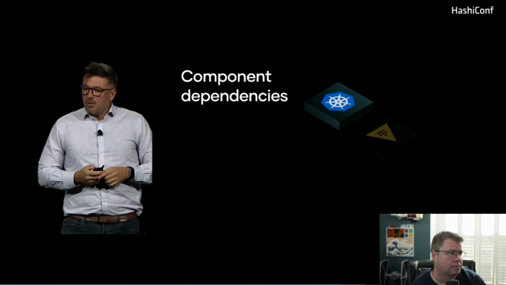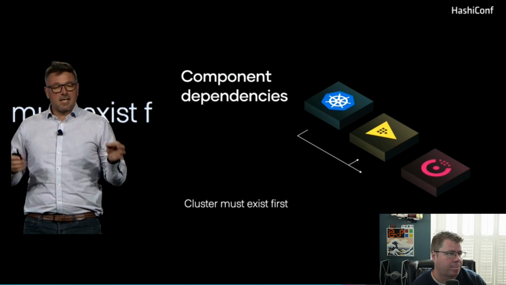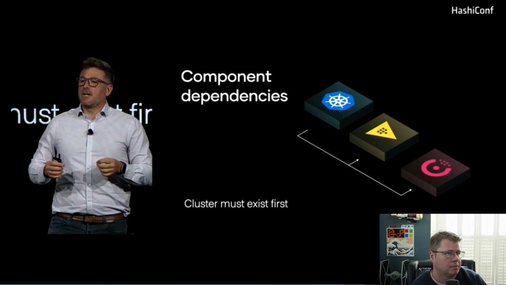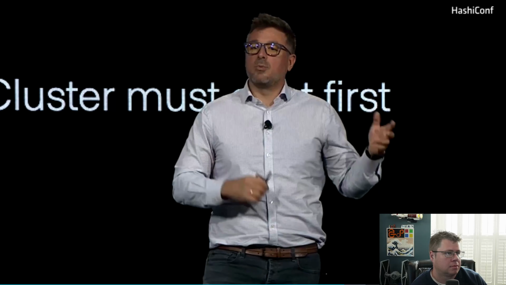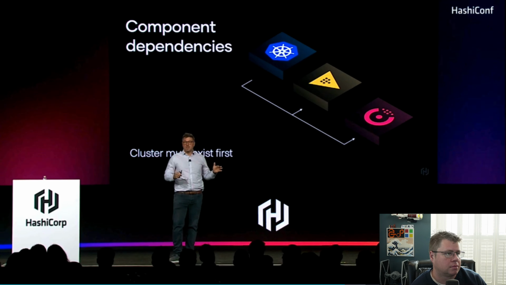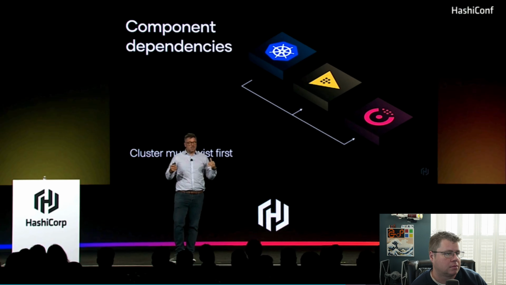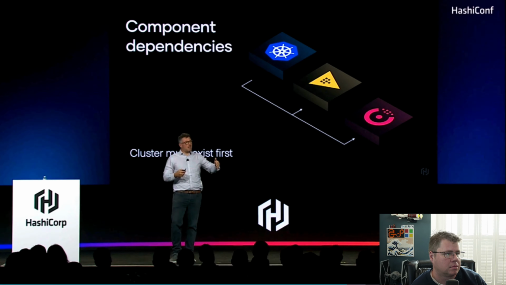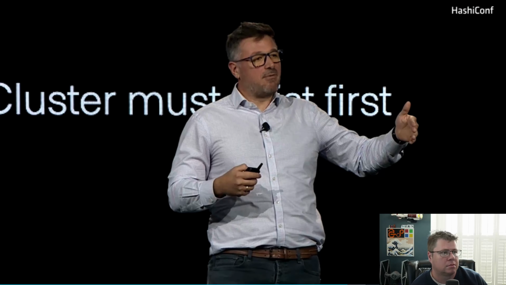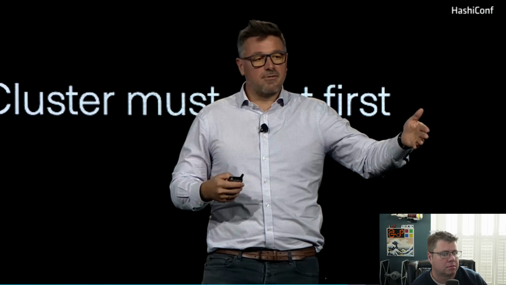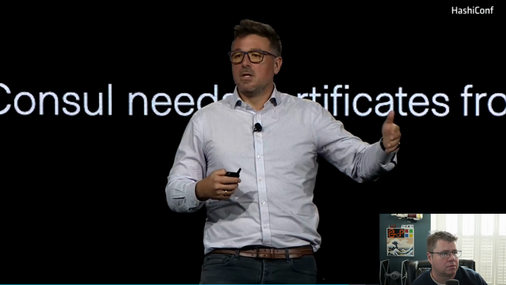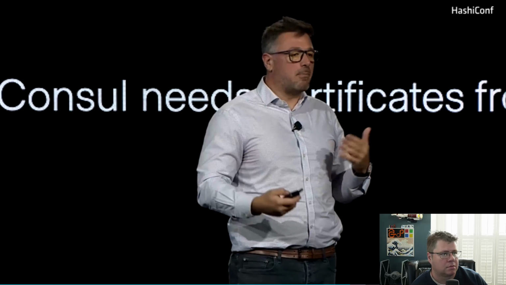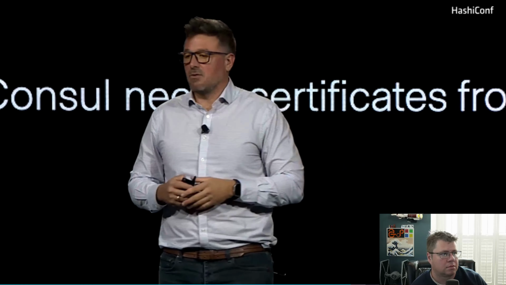In this example, we're essentially trying to deploy a console cluster with certificates stored in Vault on a Kubernetes cluster. That's what we're trying to do. So you can see how already there are various dependencies here. Kubernetes needs to exist before we put console on it. But Vault needs to exist before I provision console because I need the certificates there as well, right? So all that is the dependency management bits that we're going to start looking at how to solve with stacks, okay?